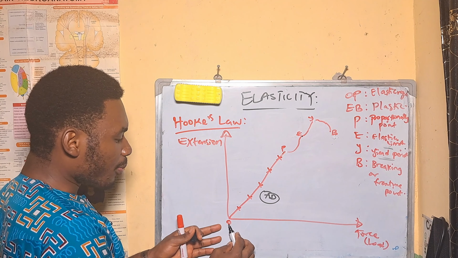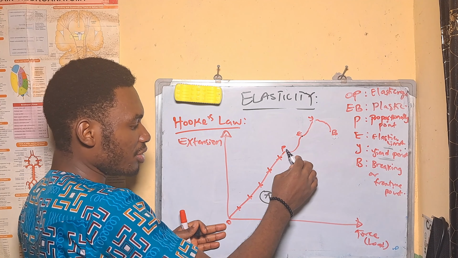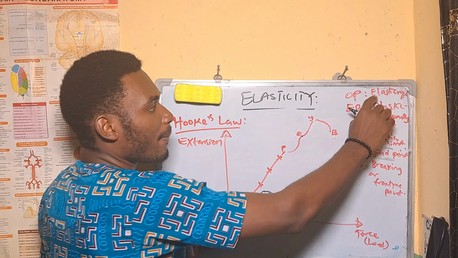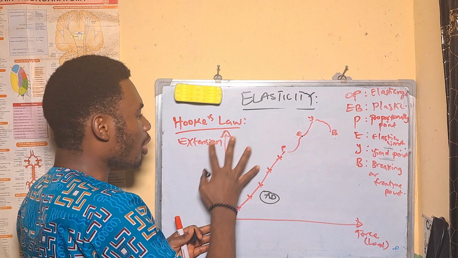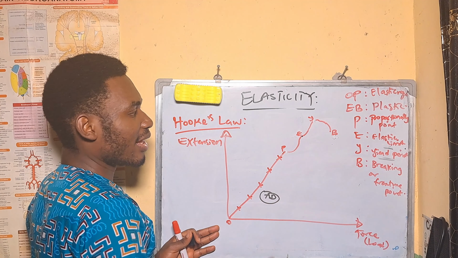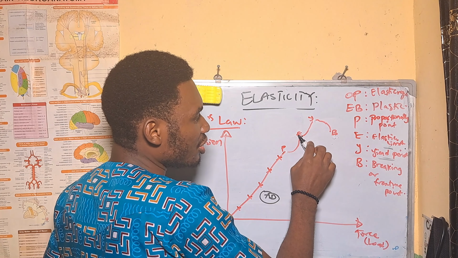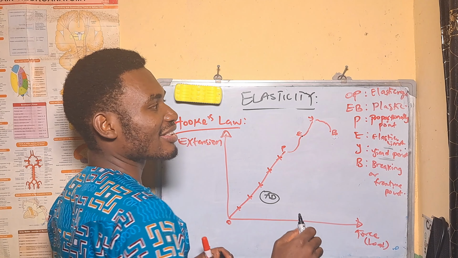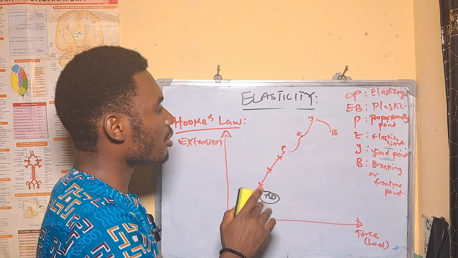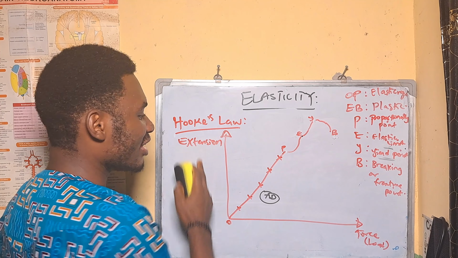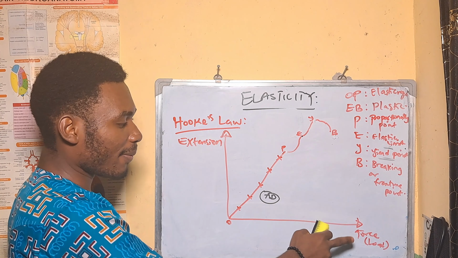So from this point O, the origin, to this point P is called the elastic region. From here to here, this region is where the object is still elastic. Nice. But from this point E to point B is the plastic region.